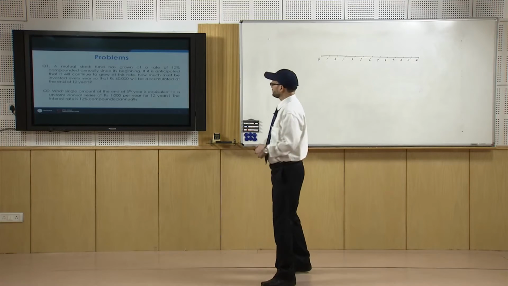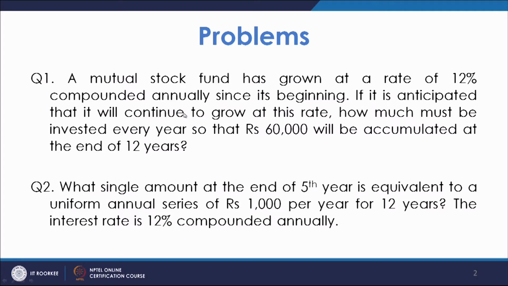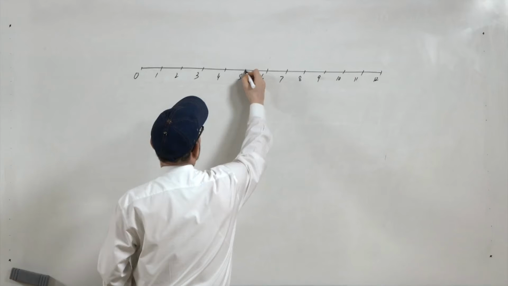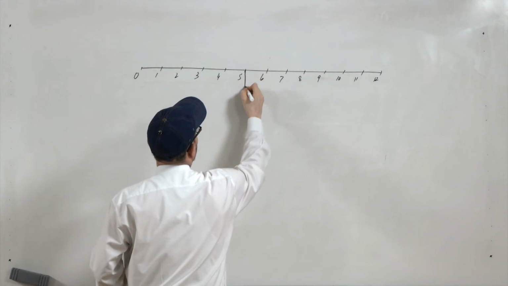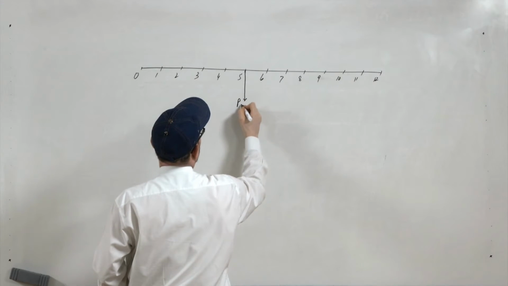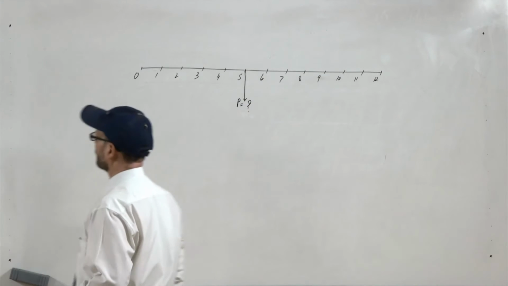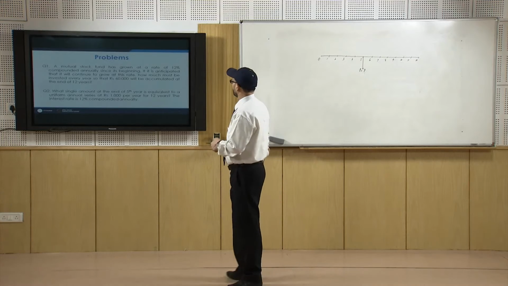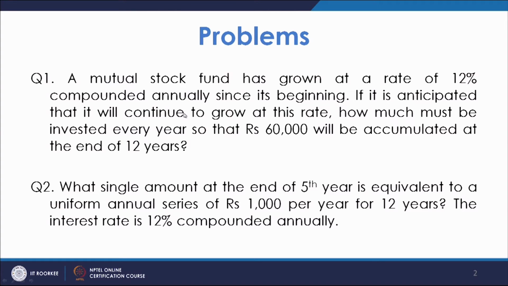Now, in this cash flow diagram you need to find the single amount at the end of 5th year. So, you want to have the amount here, which is equivalent to uniform annual series of 1000 per year for 12 years.